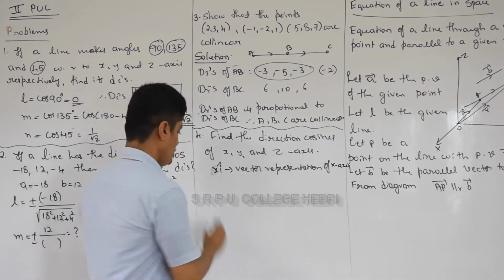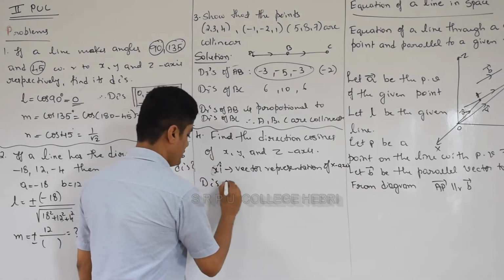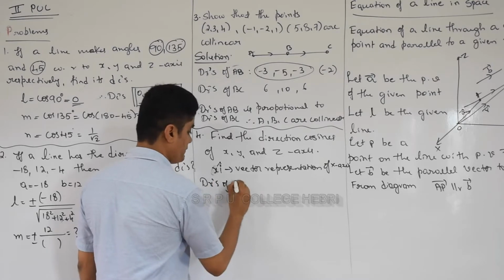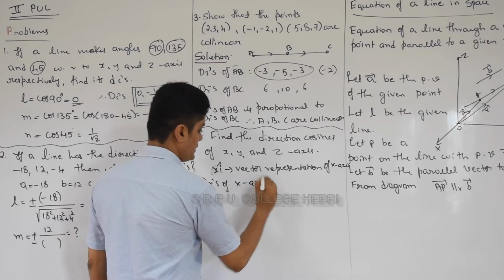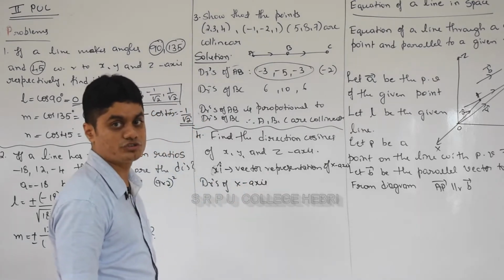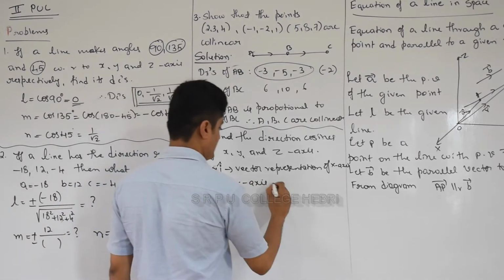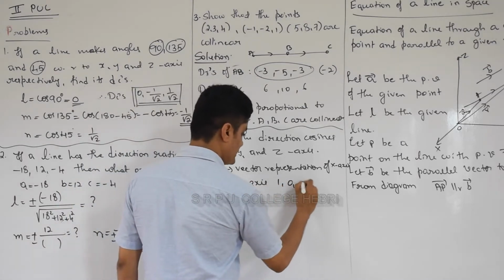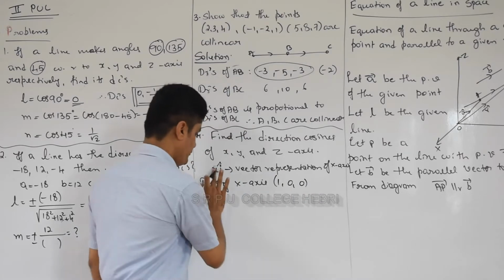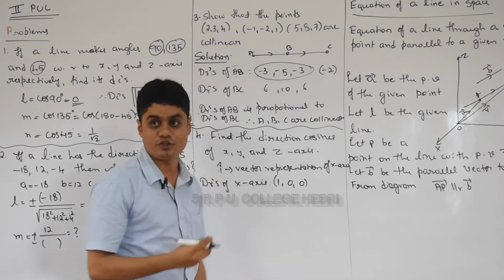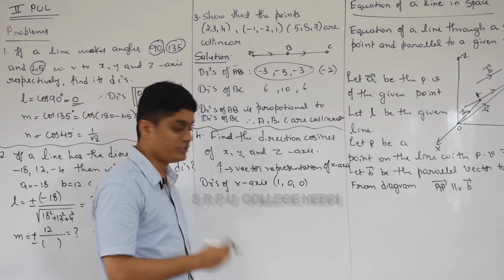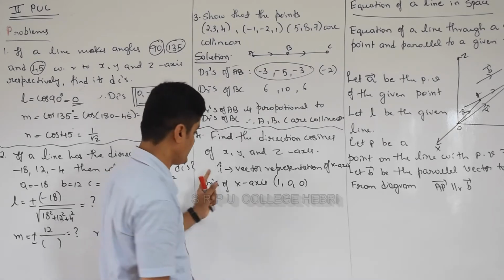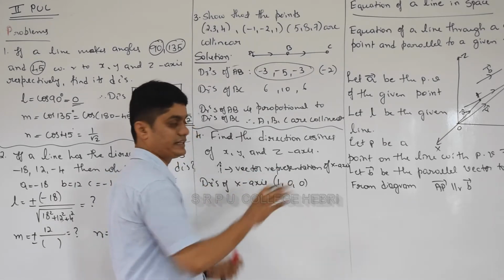So what are the direction ratios of the x axis? Can you tell me? You can consider 1 0 0. I cap is a unit vector along the direction of the x axis, so you can consider I cap as a vector along the direction of the x axis.